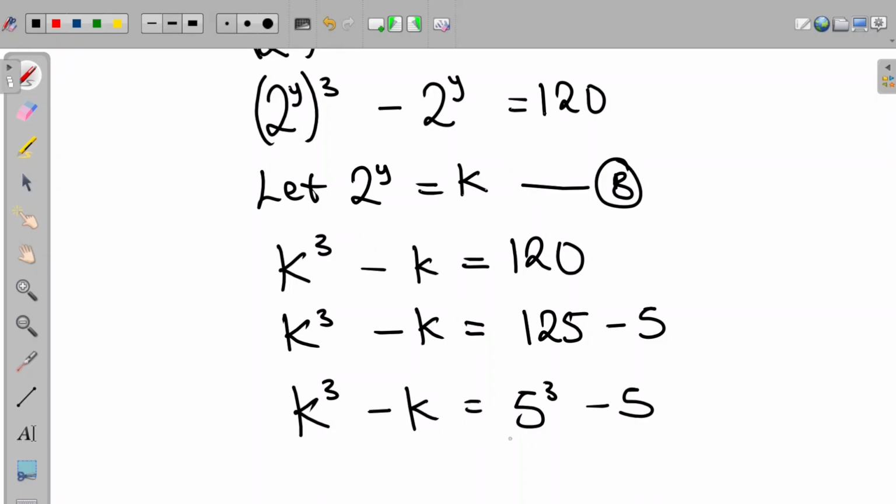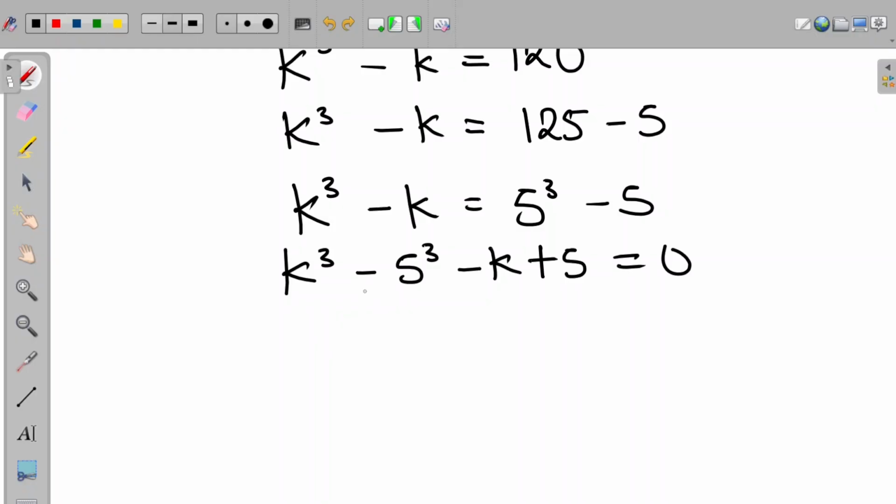So if we move all the terms at the right hand side to the left hand side, our equation becomes k raised to the power of 3 minus 5 raised to the power of 3 minus k plus 5 equal to 0. At this point, the first part gives us a difference of two cubes.